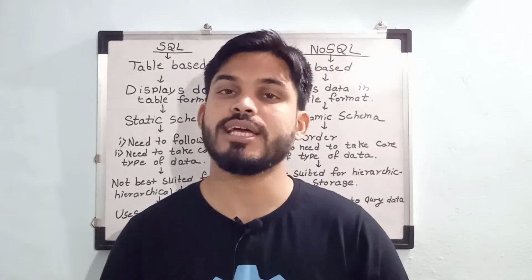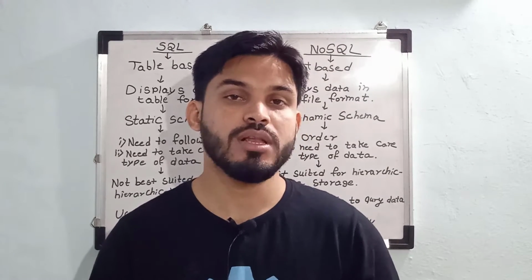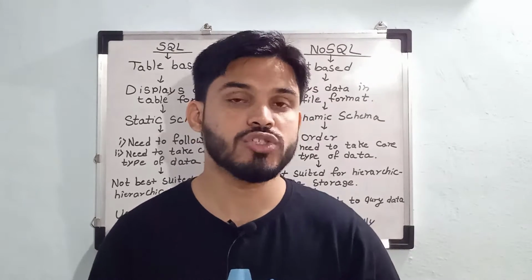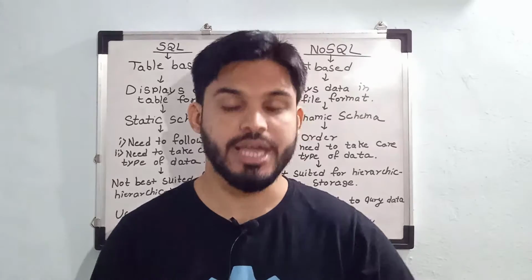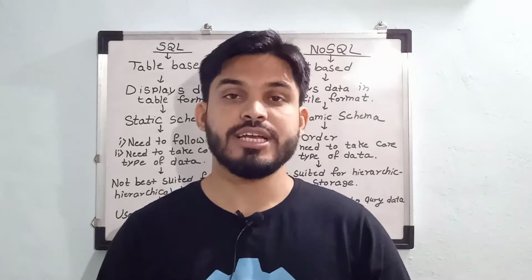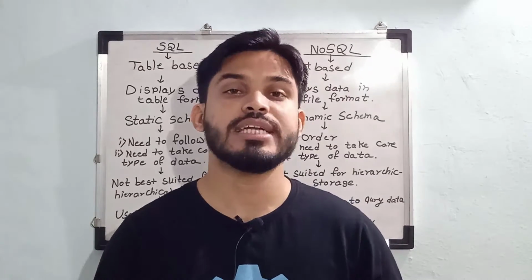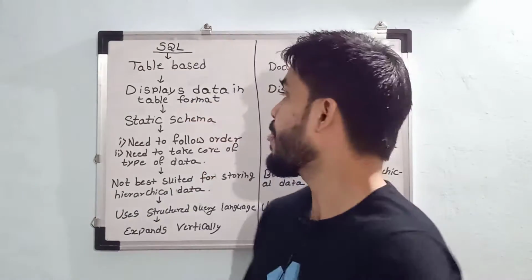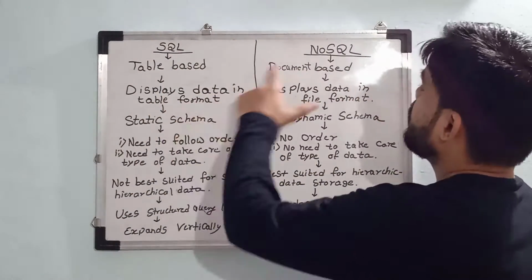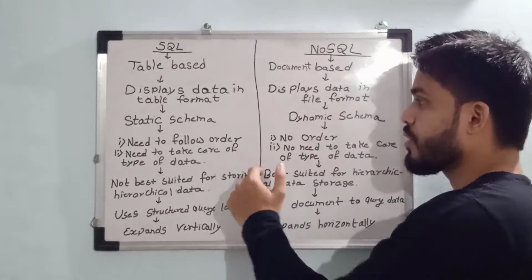Hence we can say that SQL is table based, and NoSQL makes use of document, nothing but data stored in file format. Hence we can say that NoSQL database is document based, not table based. SQL displays data in table format. NoSQL displays data in file format.